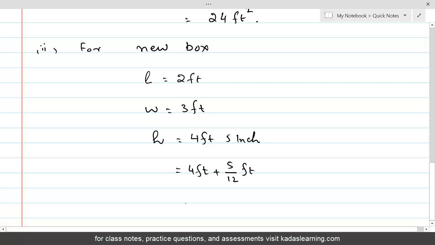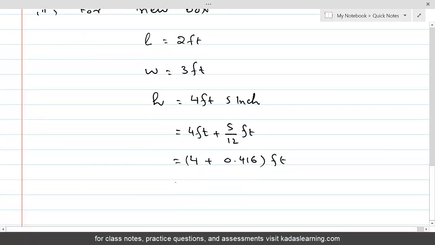So this is feet, and now 4 plus 5 by 12 is equal to 4 plus 0.416 feet, and this is equal to, if we round off the number to 2 decimal places, 4.41 feet.